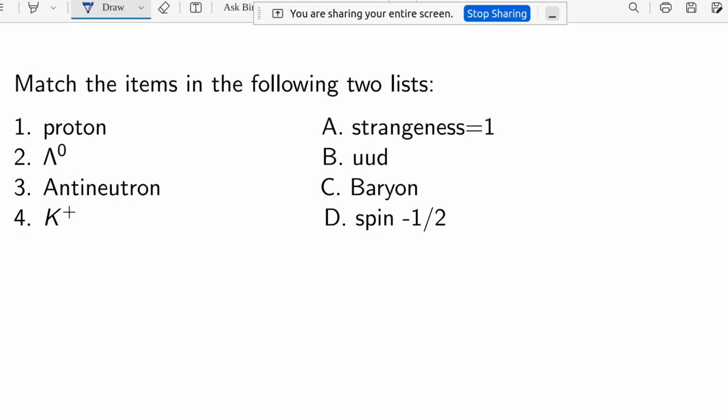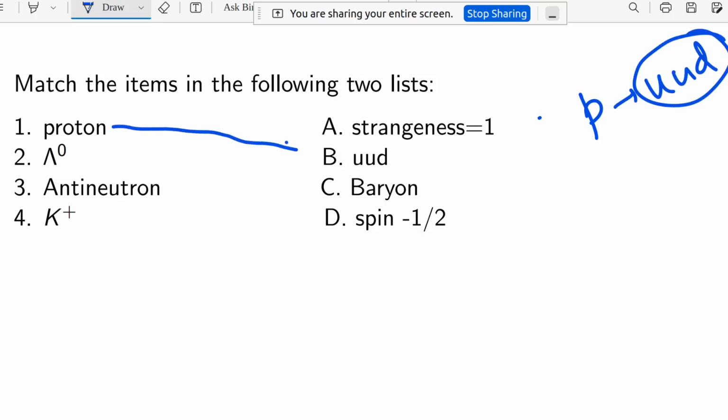What is the proton quark content? It is UUD. So from that you can simply say that 1 is connected to B. Now coming to lambda 0. Lambda 0 is a baryon, right? So we can write lambda 0 baryon. That means 1 is connected to B, 2 is connected to C.